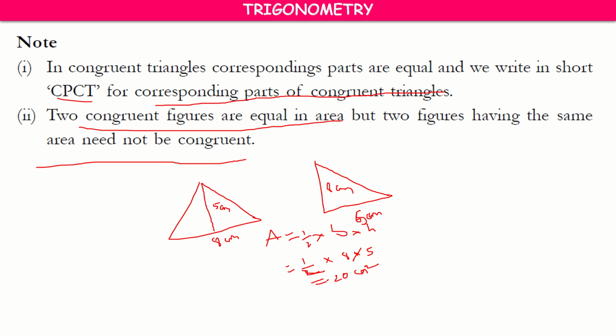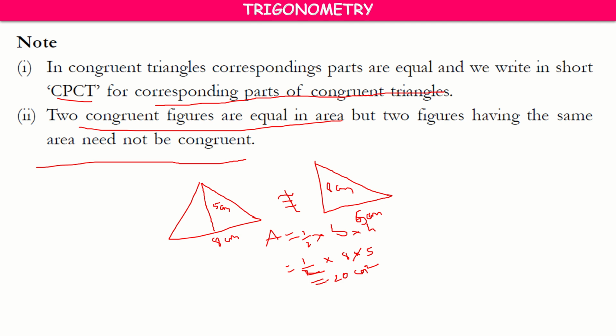But observe, these two triangles are not congruent. They are equal in area, but not congruent. Here the base is 8 and height is 5; here the base is 5 and height is 8.